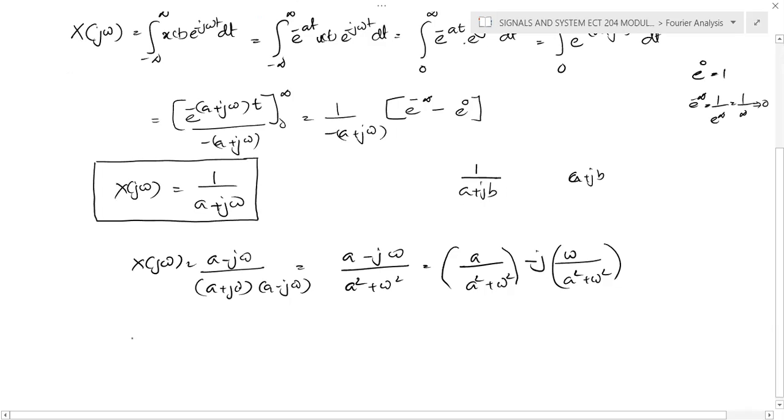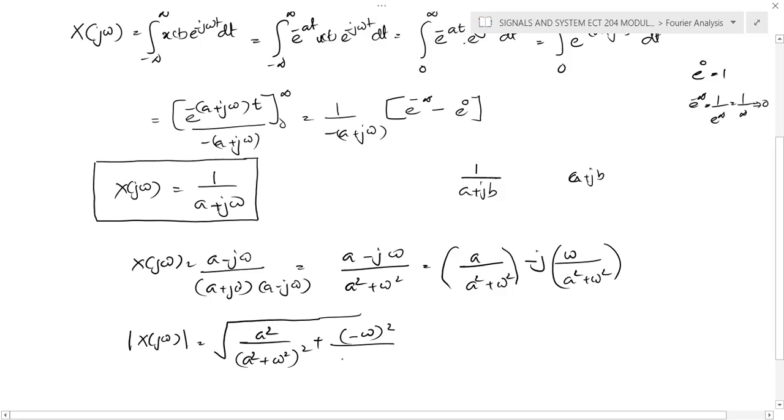Now we can find the magnitude, the modulus of x of j omega. If you find the modulus, it's the root of the real quantity, a square by a square plus omega square, the whole square, plus the imaginary part, minus omega the whole square by a square plus omega square the whole square.